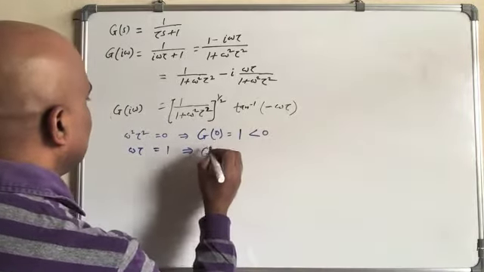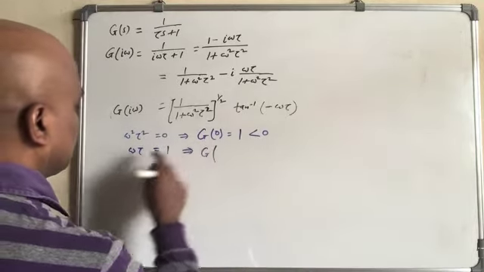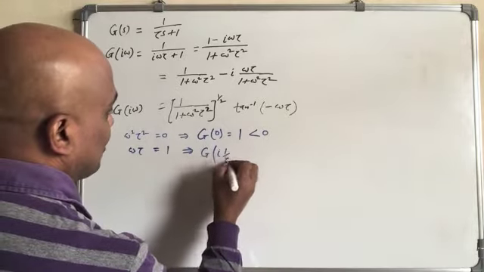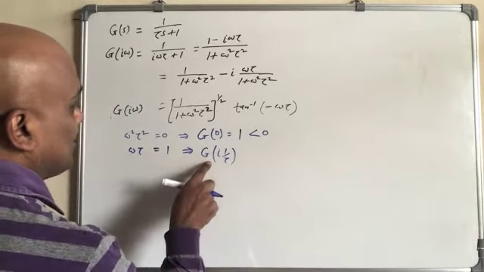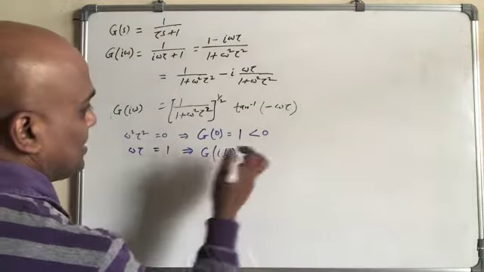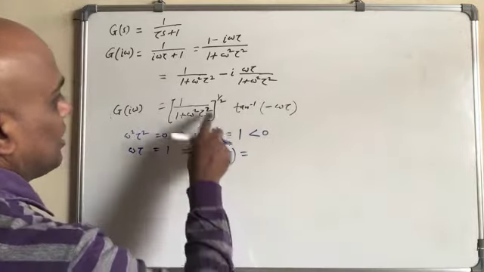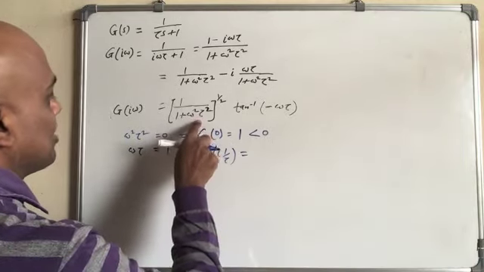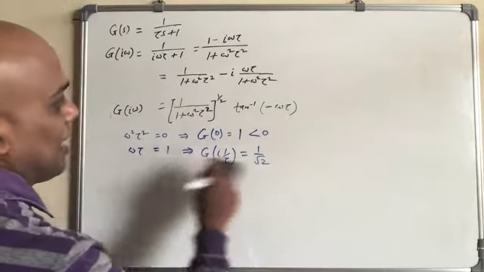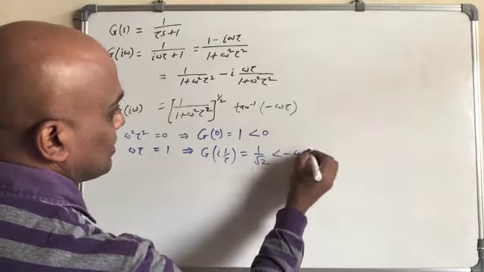So we call G(iω) with ω equal to 1 over τ, so that ωτ equals 1. In that case, 1 plus 1 is 2, so we get 1 over root 2 for the magnitude, and the angle is minus 45 degrees.